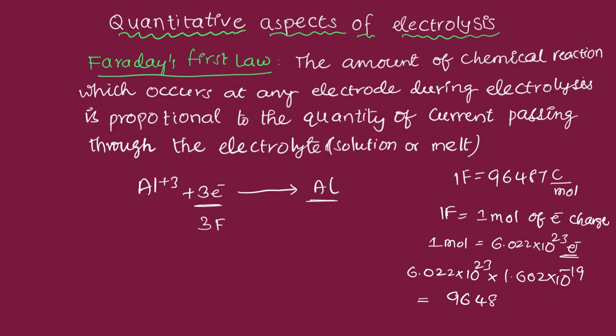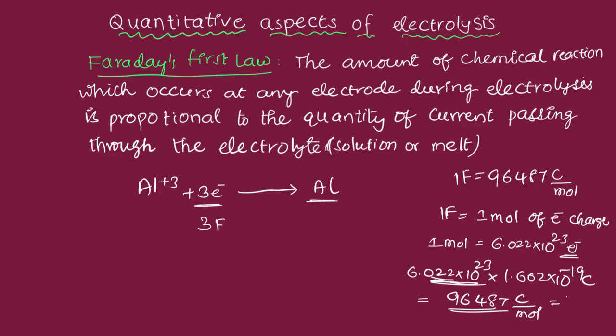we will get 96,488 or 87. It depends upon which value we are using, 6.022 or 23 or 2, a small change. So 96,487 is in coulombs, because it is the charge for 1 mole of electrons, therefore coulomb per mole.